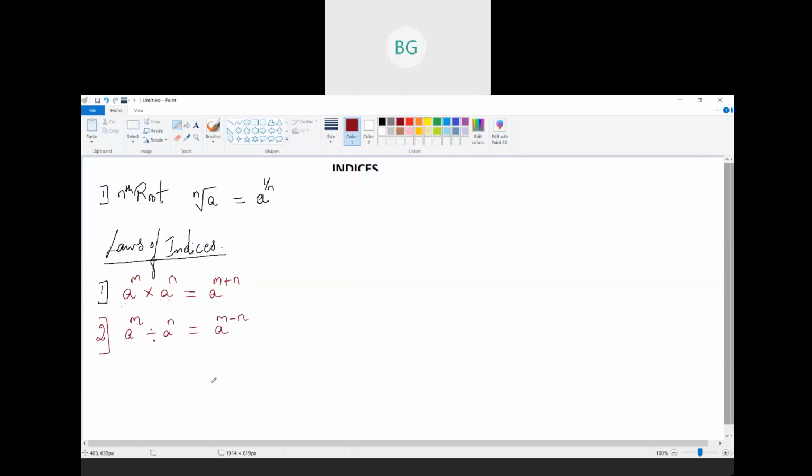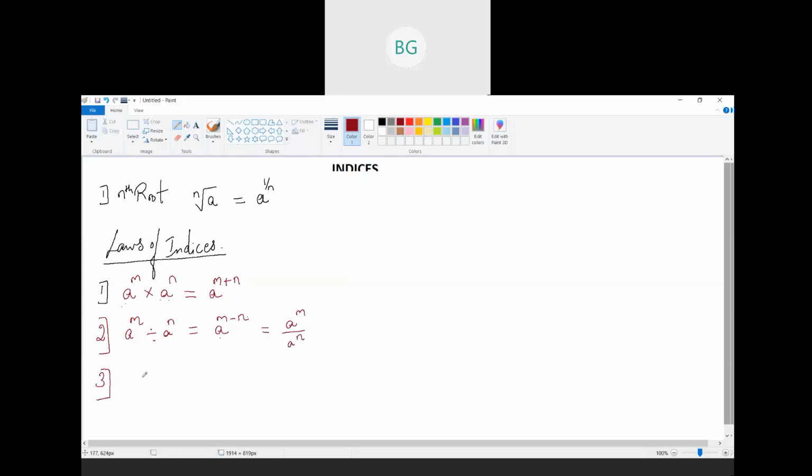So this becomes the second law. Now, this division can also be written as a raised to m upon a raised to n, that is in fraction form, right? So it may be the division sign or written in fraction form with the same bases. It will always be a raised to m minus n, right?